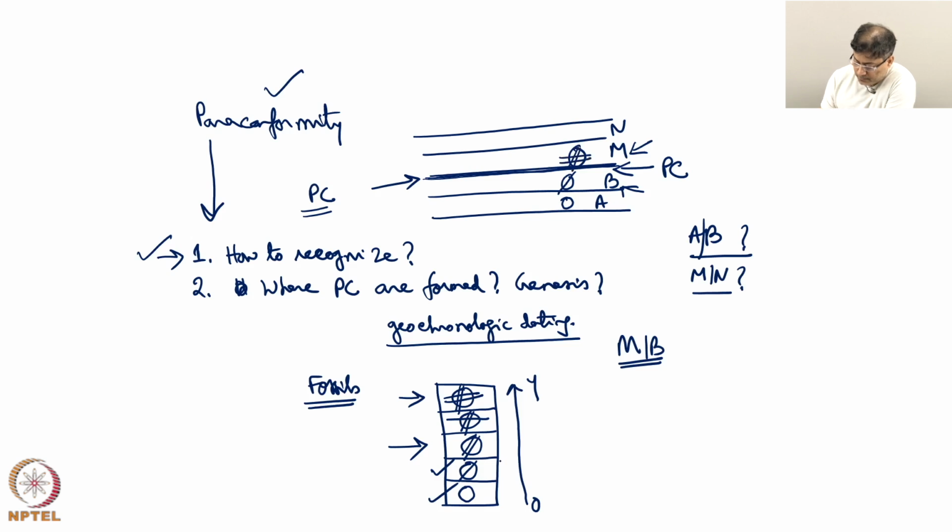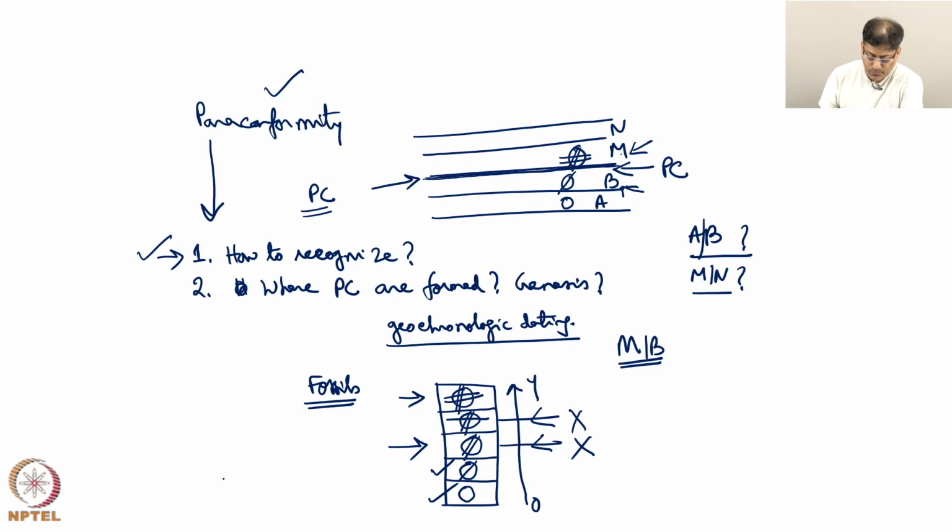So, this means what? Between B and M there was a time gap in deposition. Since there was a time gap in deposition, no fossils of these two categories were deposited and preserved, and therefore the jump has been noted. So, based on this jump in the field, but this needs paleontological knowledge of identifying species, at least the morphology of the species can be taken into consideration.